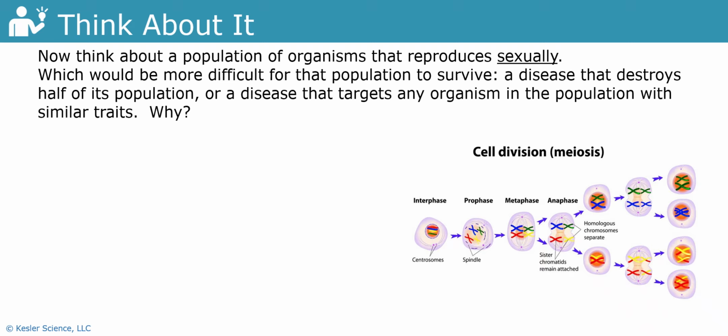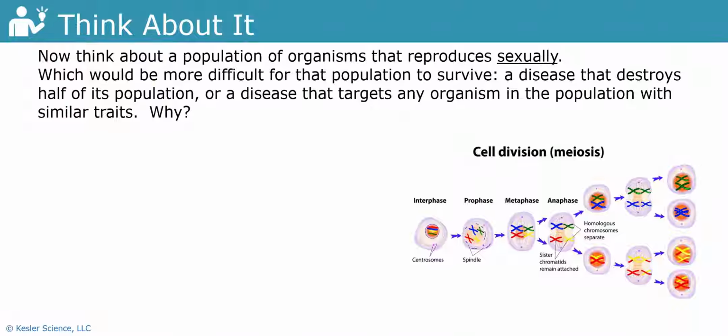All right, what were you thinking? I'll tell you what I was thinking. We have lots of genetic diversity when it comes to sexually reproducing organisms. My thought is 50% of the population is 50%, no discrimination. You started with 100, now you only have 50. So I wonder if the disease only targets organisms with a similar trait.